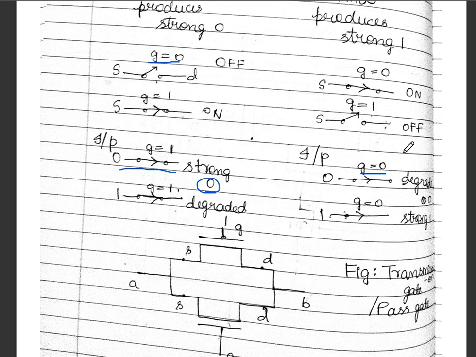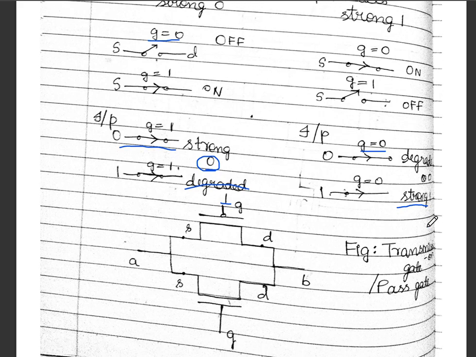Therefore, we are approximating it to be degraded 0. And next, when G is equal to 1, we'll get degraded 1 in case of NMOS because it's not the complete value of 1 that we are getting, it's only the approximate value. And similarly, when we give G is equal to 0, it is the strong 1, that is the entire VDD that we'll get at the output.